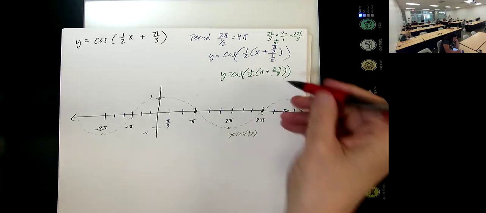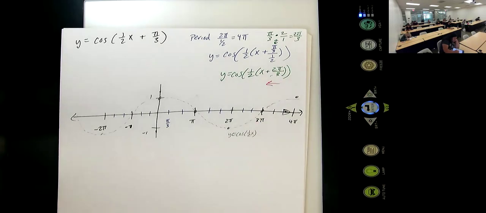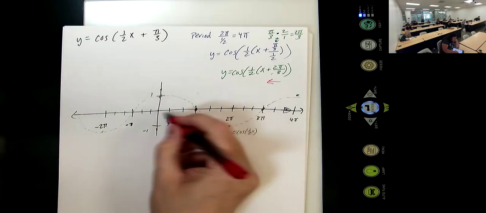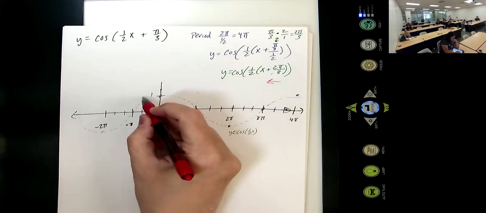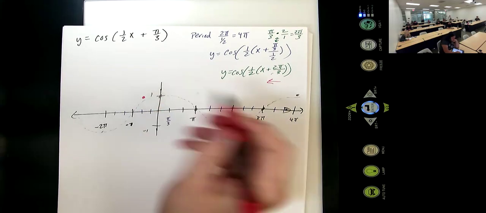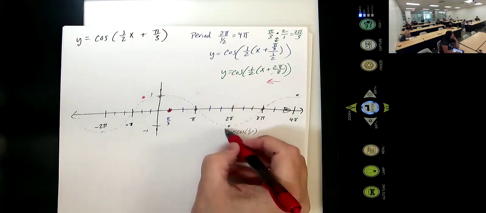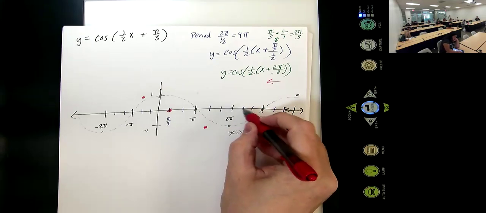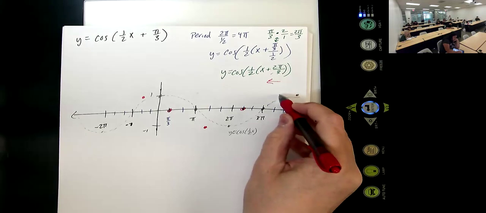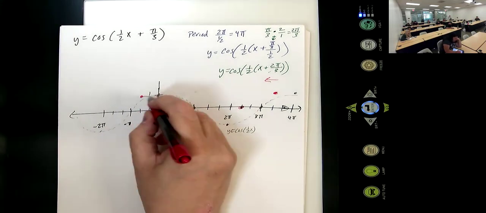And now we're going to shift by 2 pi over 3, which means go left 2 pi over 3. Since I broke these increments into pi over 3 dots, I'm just taking my points and moving them left 2 pi over 3. Now I'll make my wave.